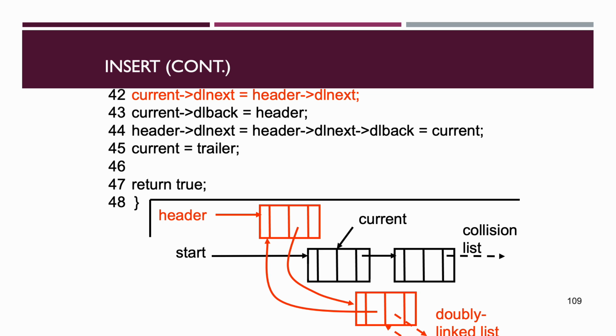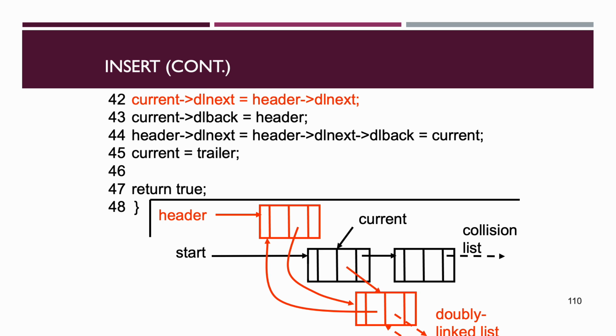If you first use current pointing to doubly linked next equal to header pointing to DL next, if you look at the diagram here, the current is pointing to doubly linked list next. So we have this arrow here which is pointing to the doubly linked list.